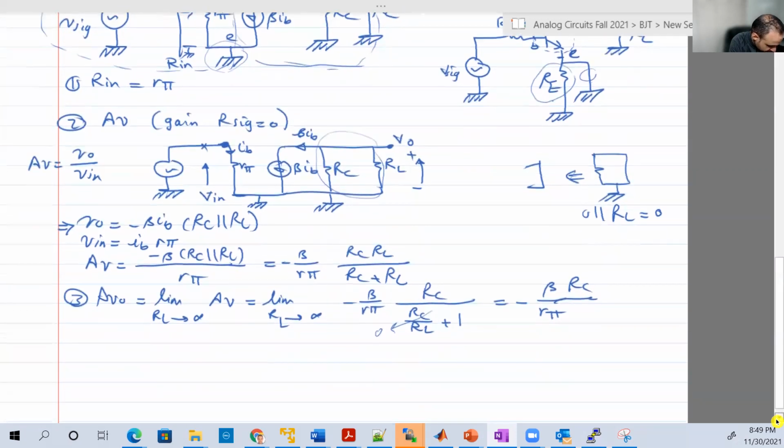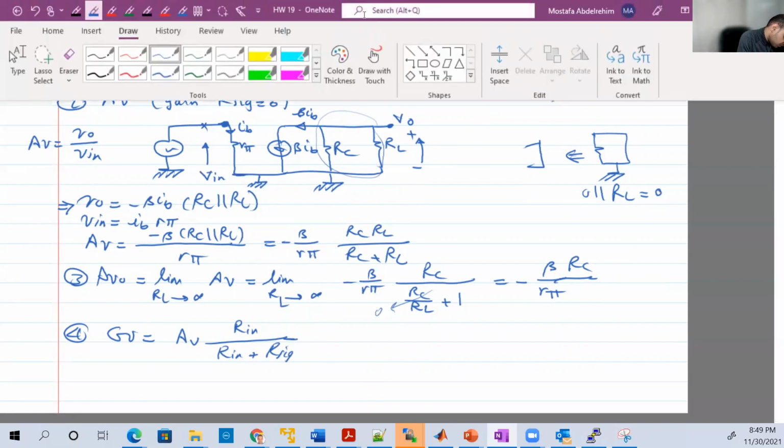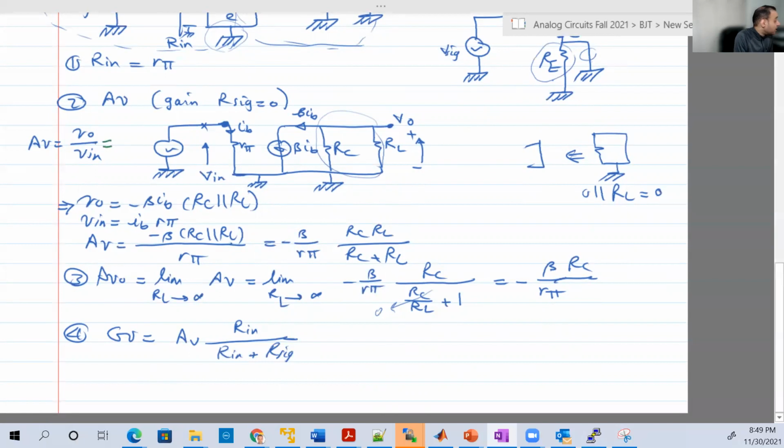What else is required? GV. Number 4. GV is a function of AV. It's equal to AV times input over input plus our signal. Everything here is known. So let's put the numbers. So AV naught is equal to minus 160. I'm sorry, AV first, yeah, because we did. So AV here is minus 88.8.